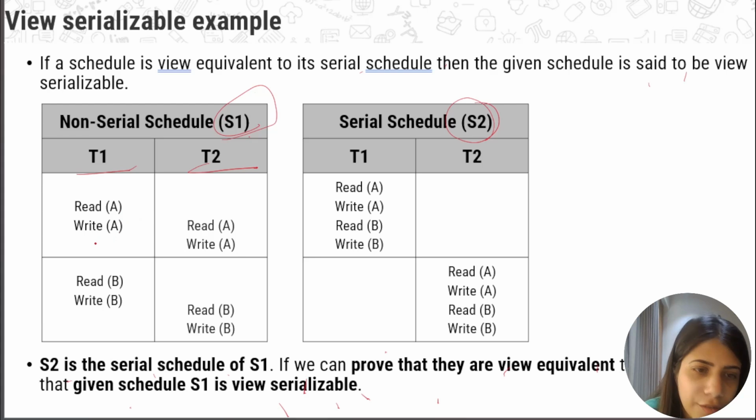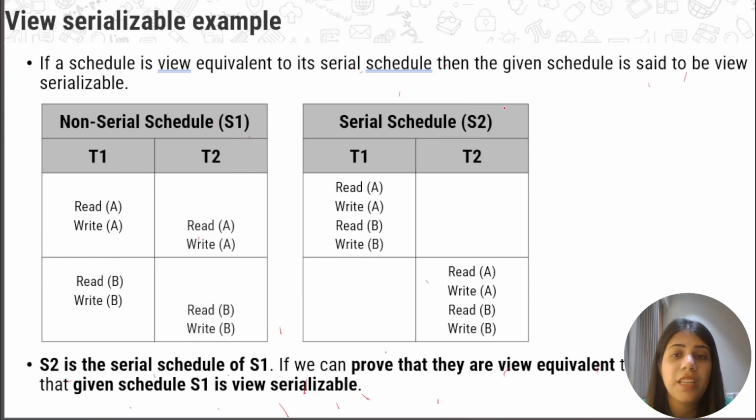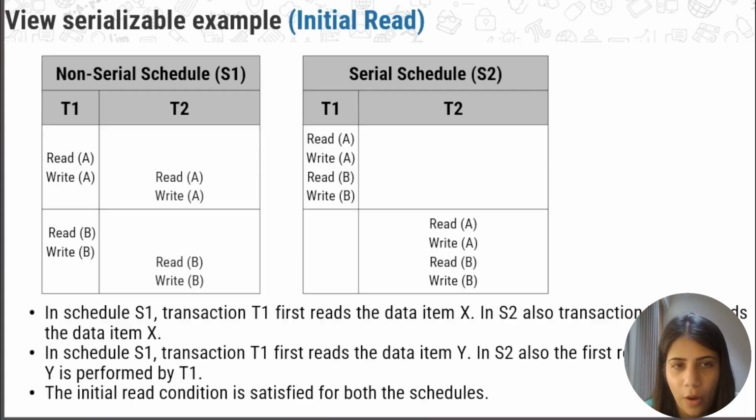Simple, we put the steps over here and over here. So T1 will get executed first and T2 will get executed next, which makes it a serial schedule. So this means this is view serializable. But now we will check whether it satisfies all three conditions or not.